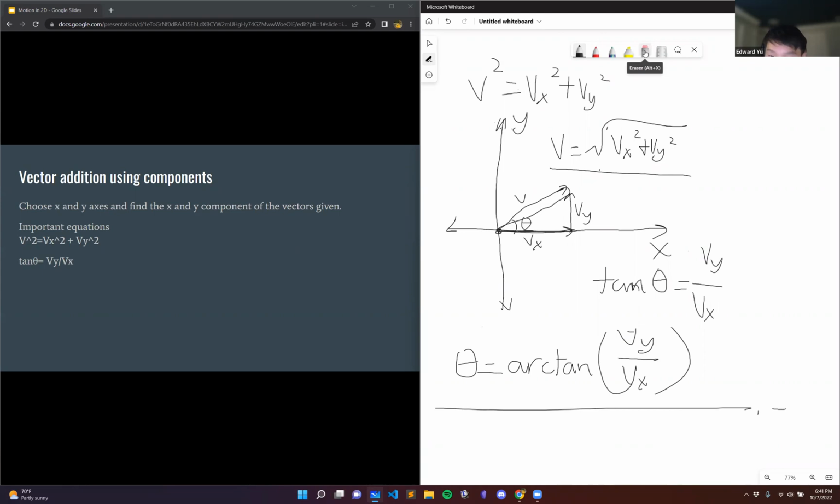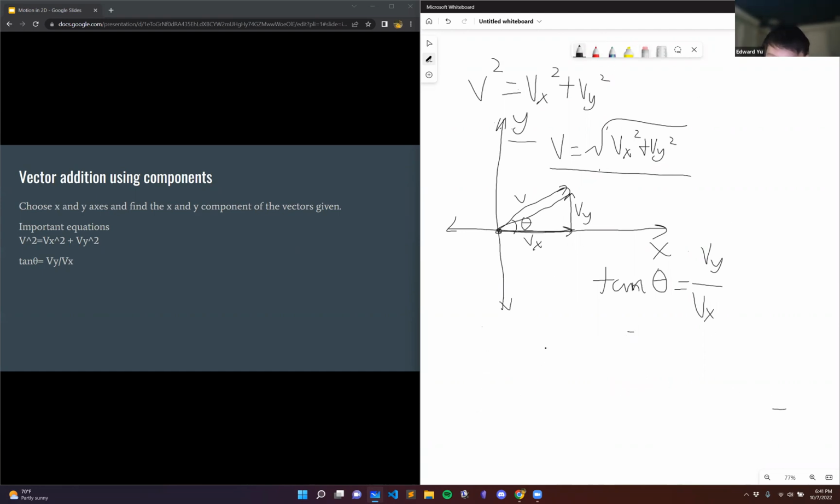It's important to realize that depending on the direction, if I had a vector going down like this, and this is theta, and this is v, then it's not always going to be vx equals v cosine theta and vy equals v sine theta.